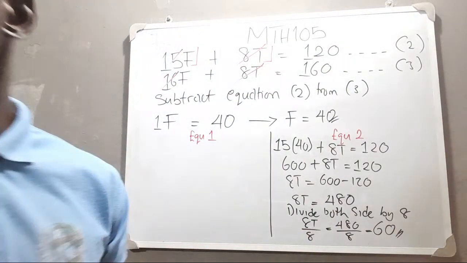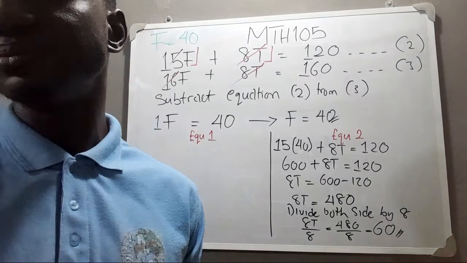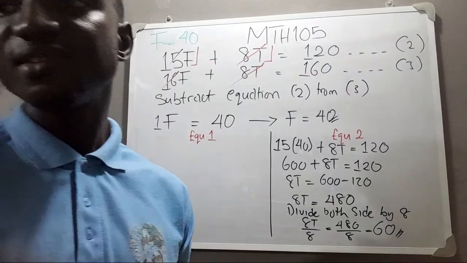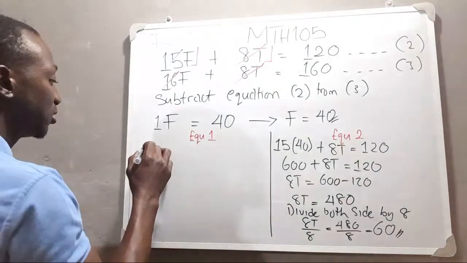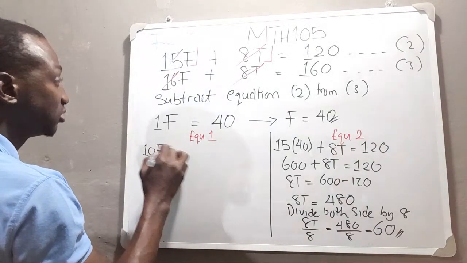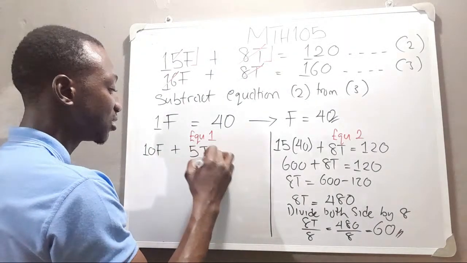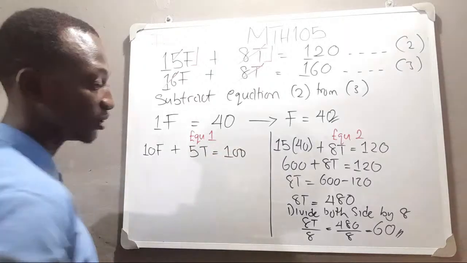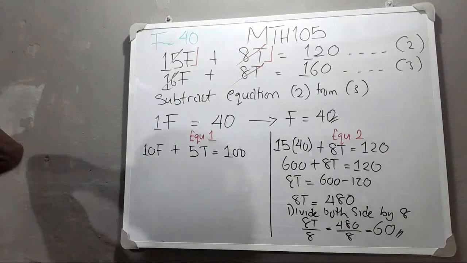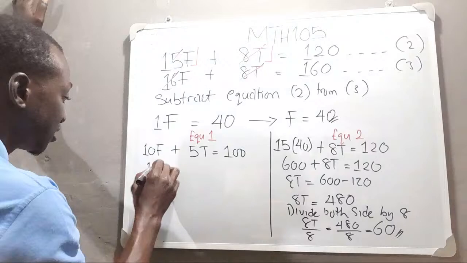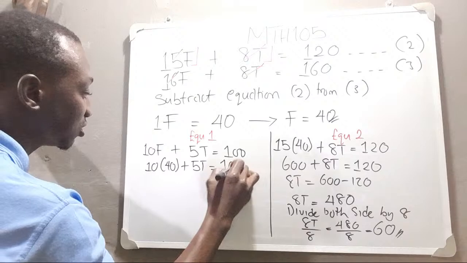So let me get out my equation 1. Equation 1 says 10f plus 5t equals 100. Since we are solving with f, then we say 10 into bracket 40 plus 5t equals 100.